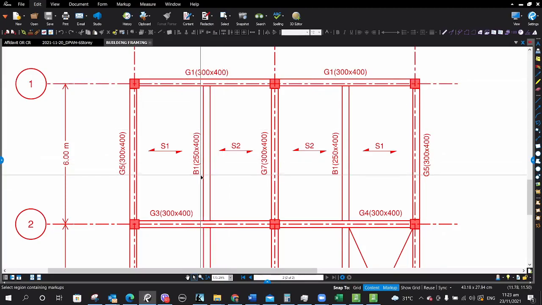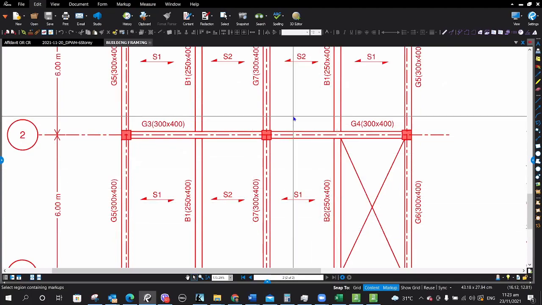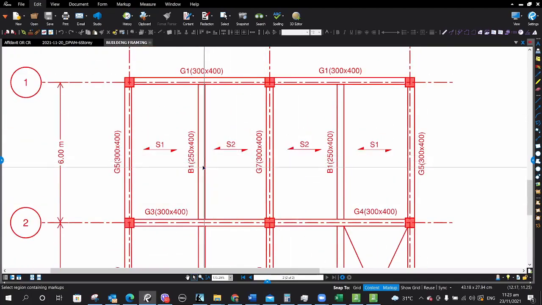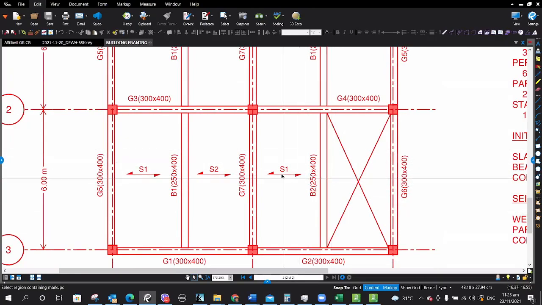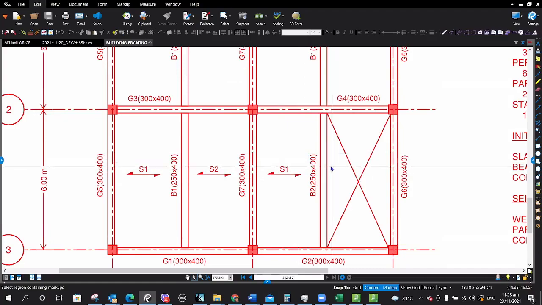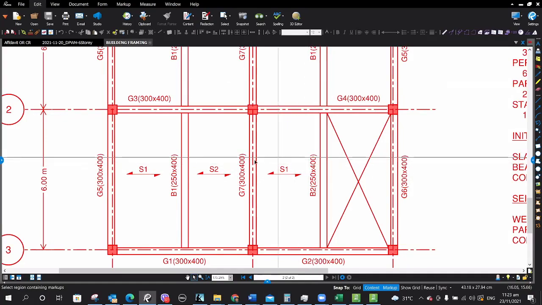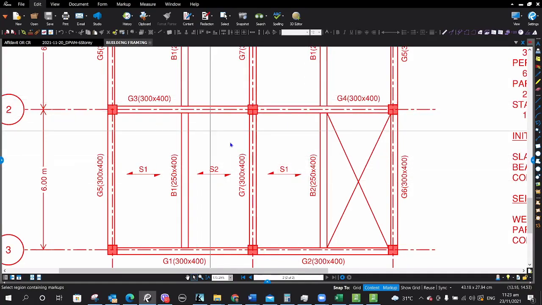And then the B1 and B2 beams are designed only for gravity loads. So B1 and B2 will not participate in the seismic resistance. So only the G beams or girders and the columns.